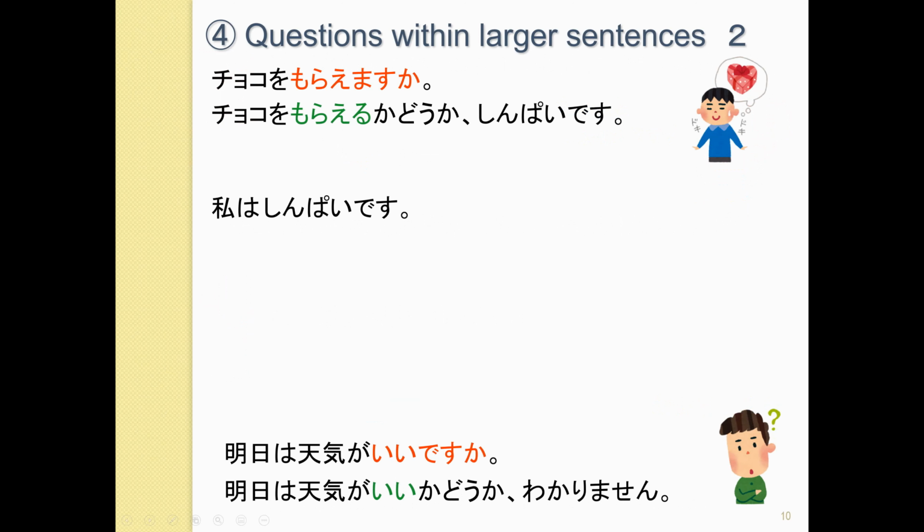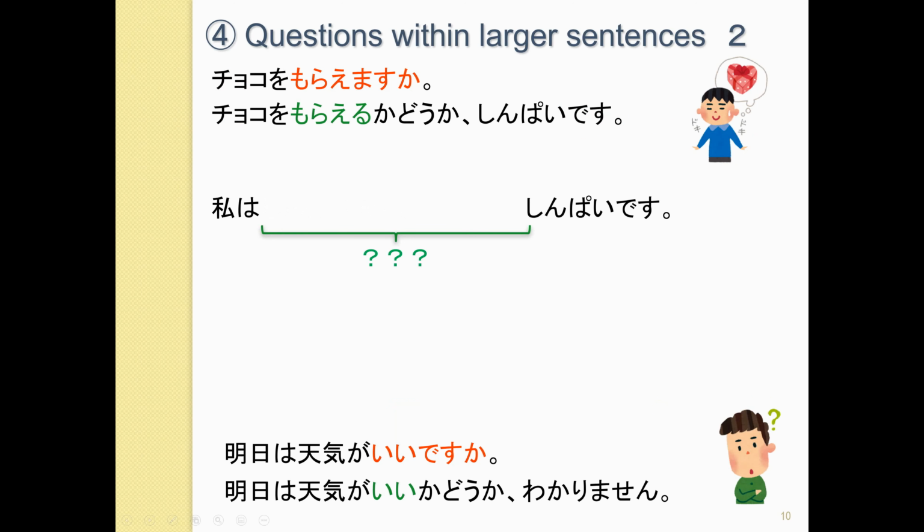This is going to work the same general kind of way that our last set of questions within larger sentences work. So I have a sentence. 私は心配です。I'm worried. What am I worried about? The sentence I'm going to put in is チョコもらえますか?